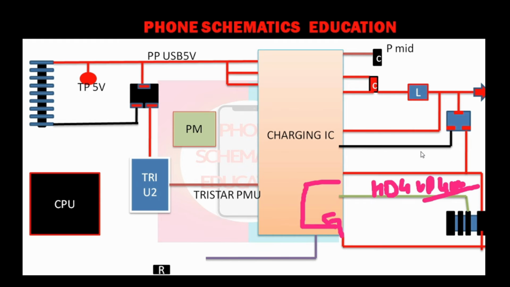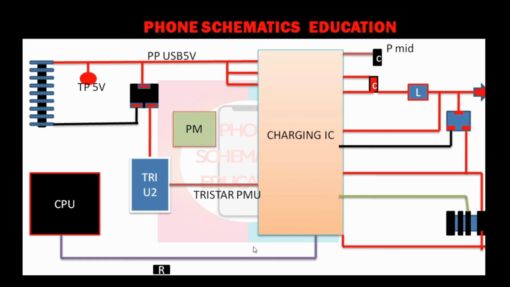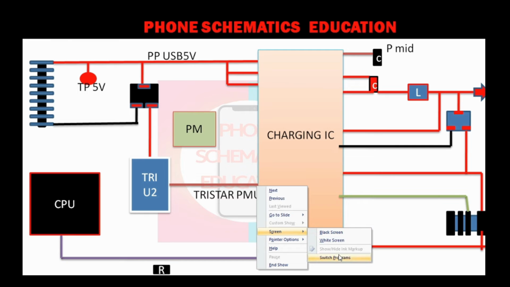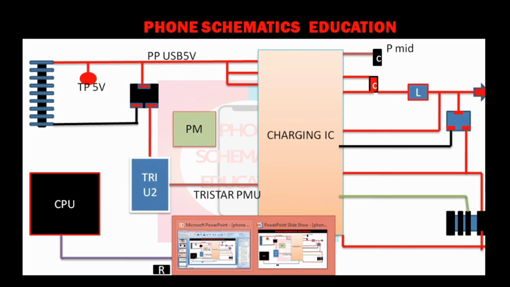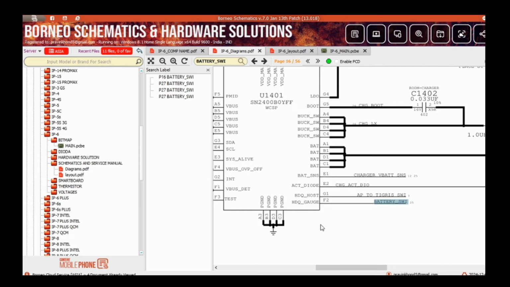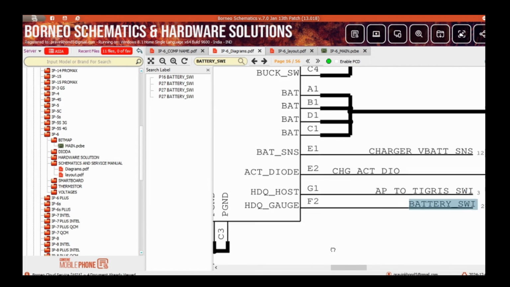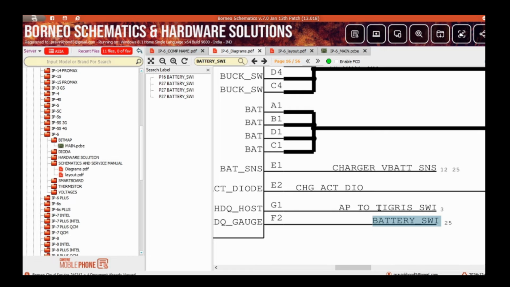The another line from the charging IC to the CPU. This line. I will explain to you in a schematic. Then this line is called HDQ host, AP to Tigris switching.